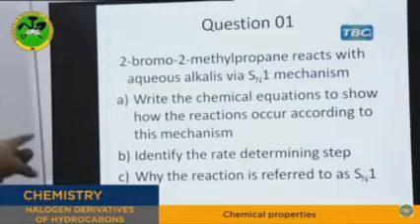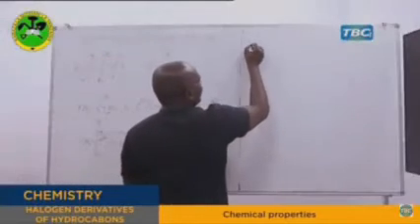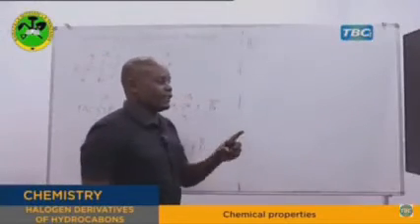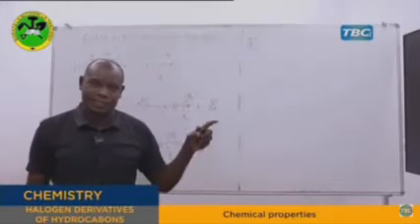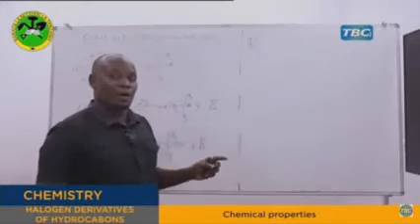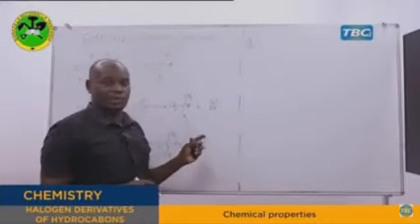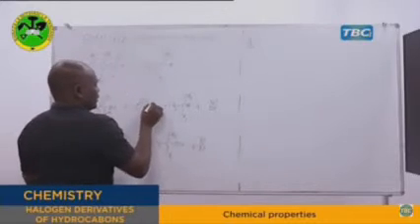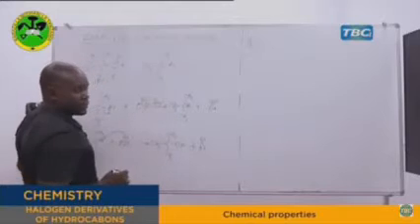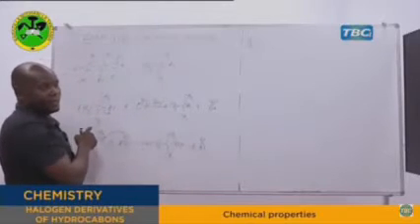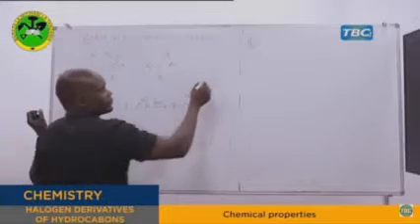So the second part, we have been asked to identify the rate determining step. The rate determining step is the slowest step. And which of the two steps is the slowest? This one is the slowest step, so this is the one which is the rate determining step.